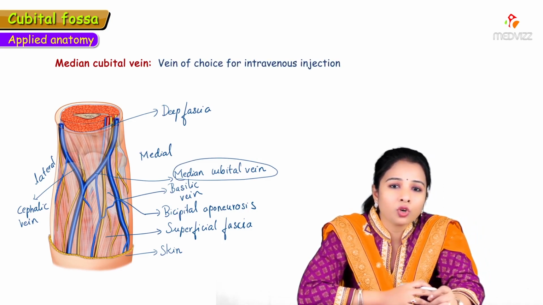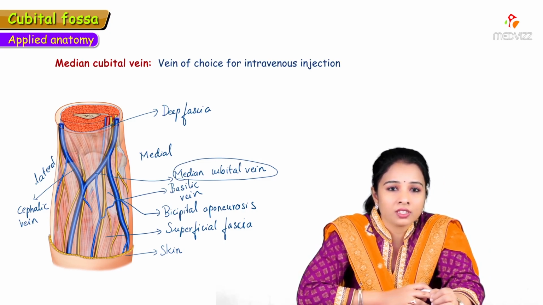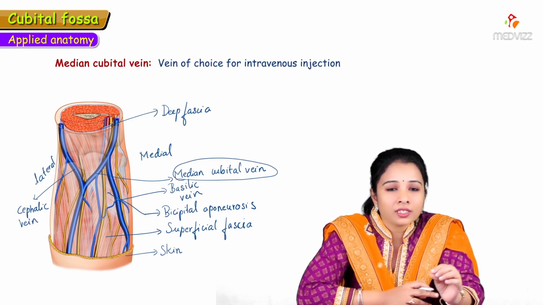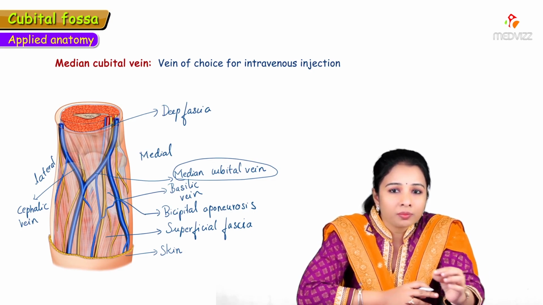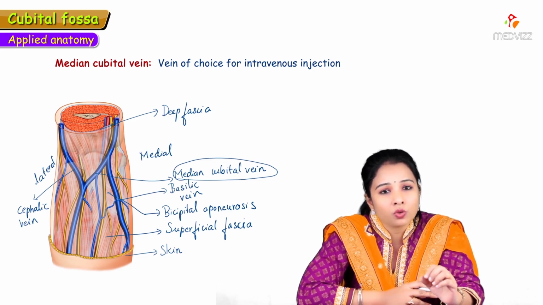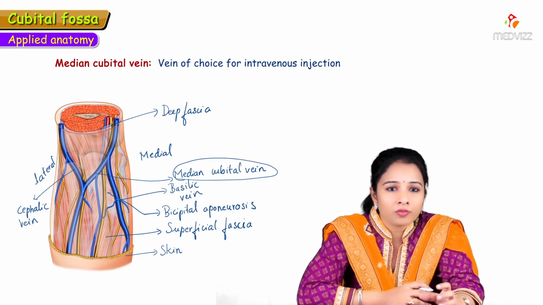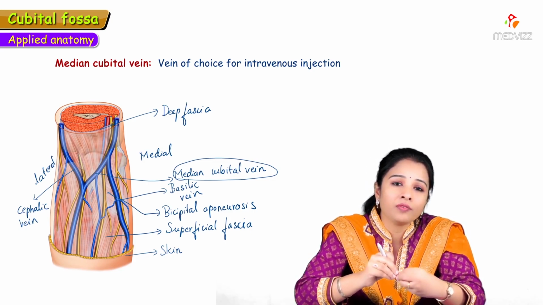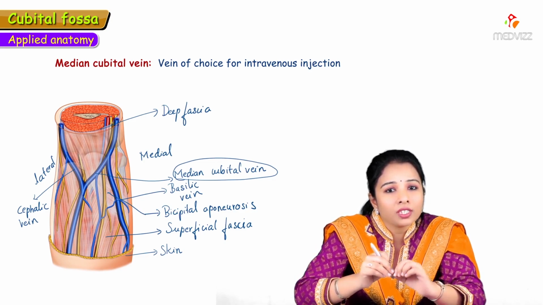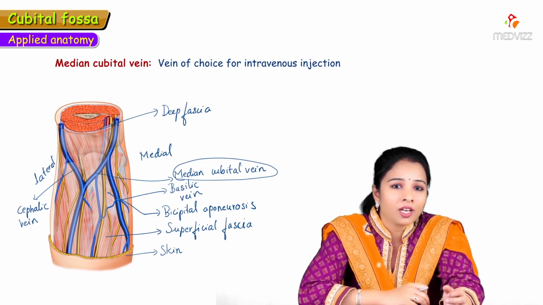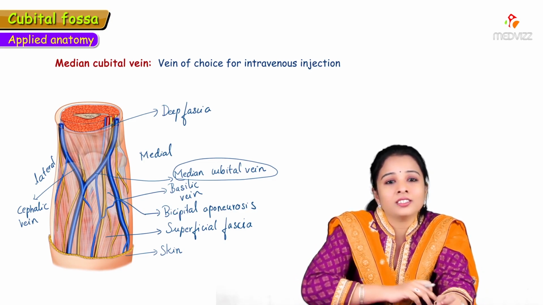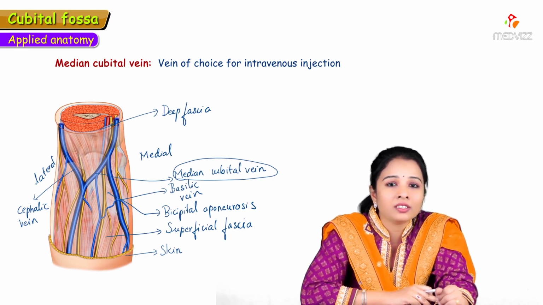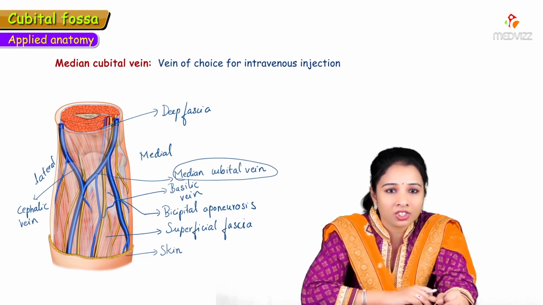This is the vein of choice for intravenous injection because it is present within the bicipital aponeurosis, which forms the roof of the cubital fossa. So when you are injecting the needle, the vein won't slip away from its position because it is within the bicipital aponeurosis. So that is the reason the median cubital vein is the vein of choice for intravenous injection.